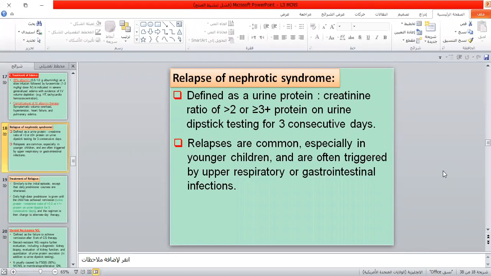This means he has remission. Relapse is the opposite: the patient has nephrotic-range proteinuria, meaning urinary protein to creatinine ratio more than 2 or more than 3 plus by the dipstick for 3 consecutive days. Relapse is common especially in younger children and is often triggered by upper respiratory tract infection, gastrointestinal infection, or an insect bite.